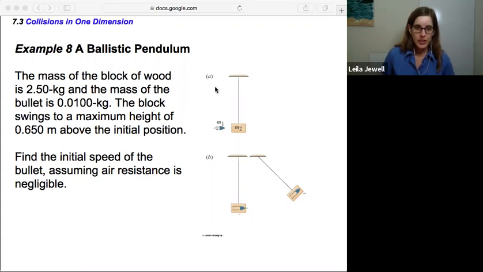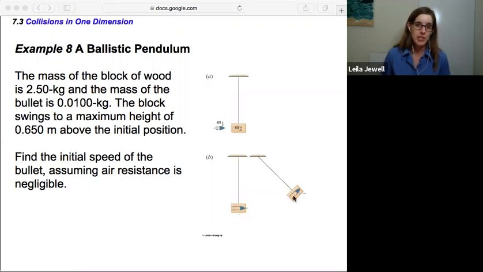When we're looking at this, we notice that there are a few different points of interest. First, we have the bullet as it's fired, approaching the block that's stationary. So the bullet's moving while the block is stationary. Then the bullet enters the block, and the two of them swing together up to some maximum height.